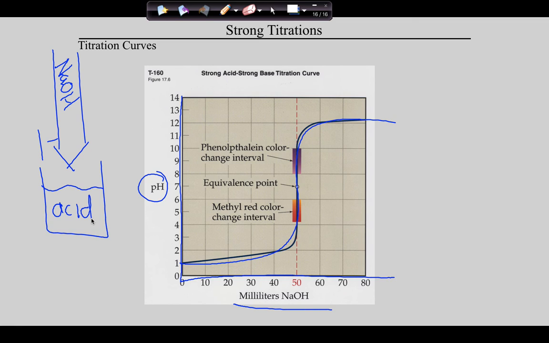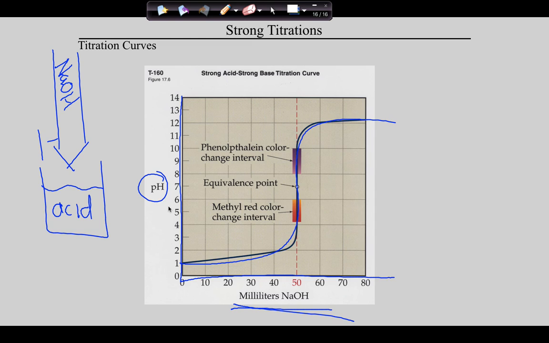There's several things. Good. It goes from low pH to high pH, which means we're starting with an acid, neutralizing it, and then continuing to add base. The other one, it kind of tells us right here. Guys, on the x-axis, your units will always be the volume of your titrant.